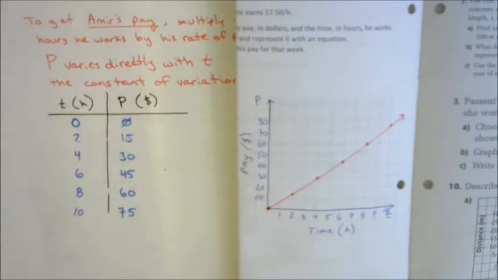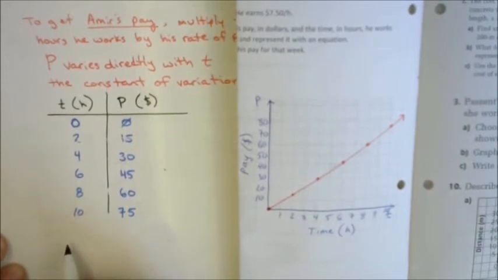Oh, we need to write an equation still. So we know our general equation for direct variation: we put our dependent variable on the left with an equal sign, and on the right is our constant of variation times our independent variable.